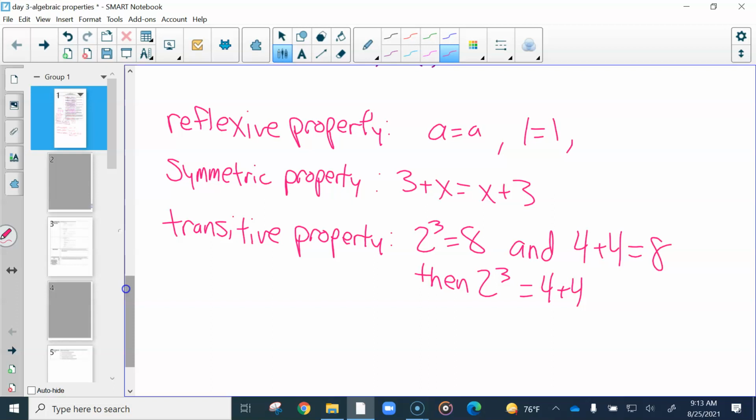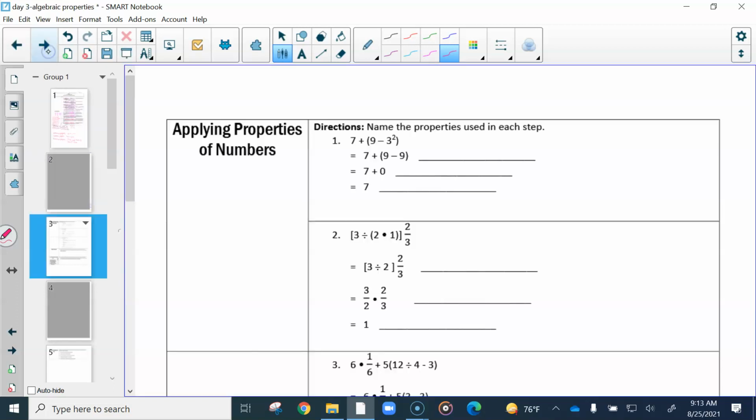Okay. We're going to move on to the next page, where we actually use these properties to say what's happening. In each step, we're looking at what happened from step 1 to step 2, or what changed. So from step 1 to step 2, what changed, and then we'll talk about what property that is.